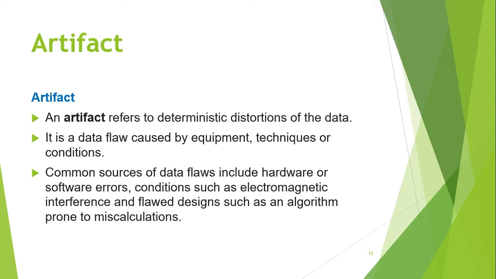So, more or less, kung meron kang gamit, o kaya meron kang mga techniques na ginagamit or mga equipments, na wala ka ng ibang equipment kundi yun lang, hindi mo to maiiwasan. Okay? Mga artifacts. Common sources of data flaws include hardware or software errors, conditions such as electromagnetic interference, and flawed designs such as an algorithm prone to miscalculations.